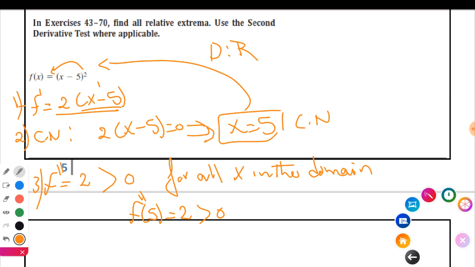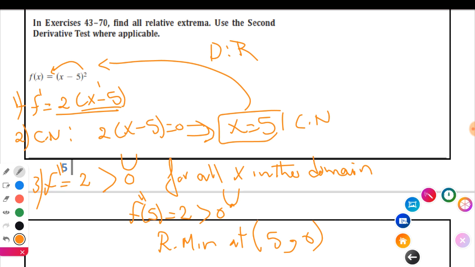Since it is greater than 0, it is positive, it means concave upward. So we have a relative minimum, because concave up gives a minimum, and concave down gives a maximum. Relative minimum at which point? At x equals 5, and replace in the given function to find its y-coordinate. It will be 0. Relative minimum at (5, 0).